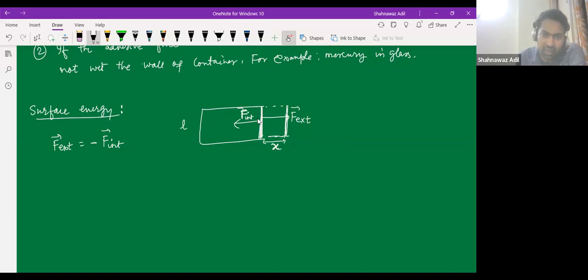We know that if we are applying some external force and displacing this thin film, what is happening here?